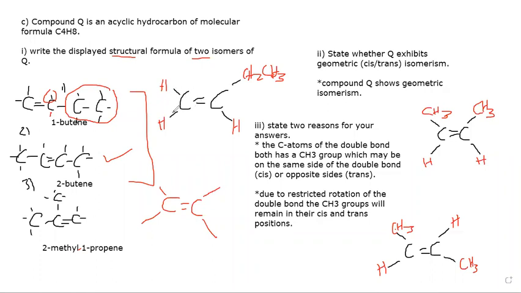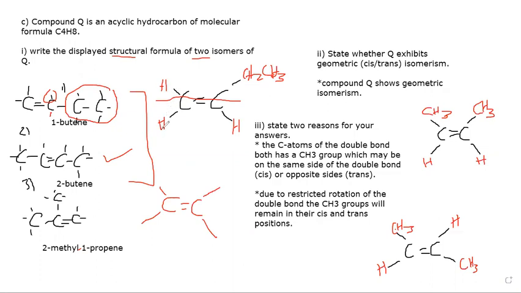No, this cannot be cis and trans isomerism. Reason being, both carbon atoms of the double bond must have an atom in common. Well, both of them have a hydrogen. However, this carbon atom here has 2 hydrogens attached to it, right?